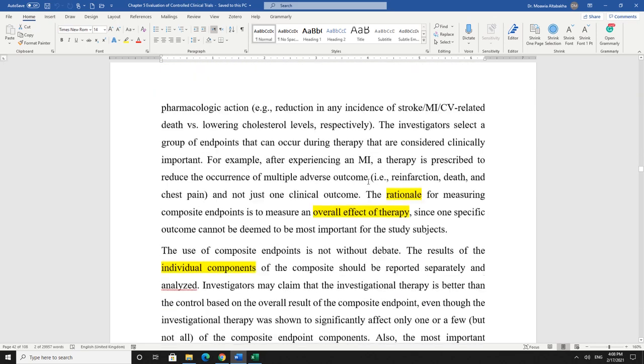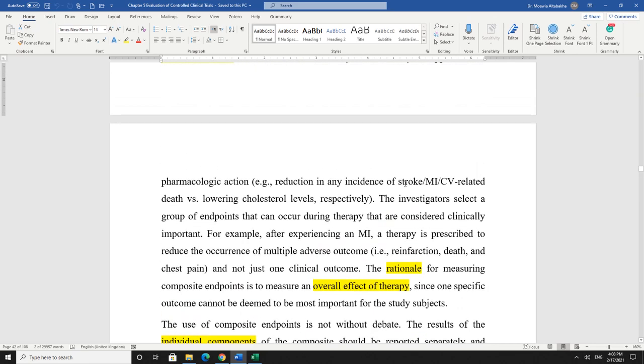But you should be careful because there is a debate. For example, you might want to have a composite endpoint composed of stroke, myocardial infarction, angina pectoris, coronary vascular related death. Maybe you want to have them as a composite endpoint. Okay, that's not a problem.